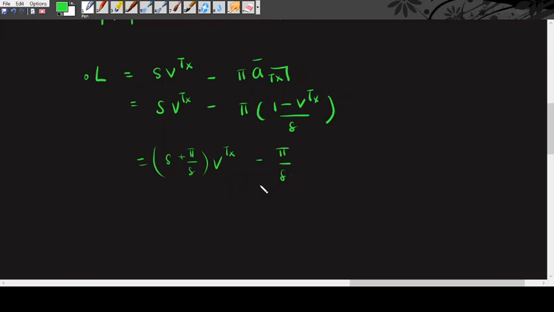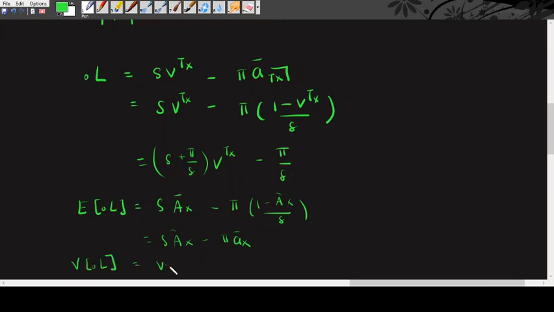The expectation of the constant is still this number, and the expectation of S v^T_x is S A-bar_x. The expectation of the other term is minus pi times (1 minus A-bar_x) over delta, which equals S A-bar_x minus pi a-bar_x.